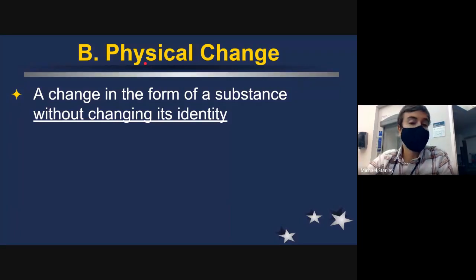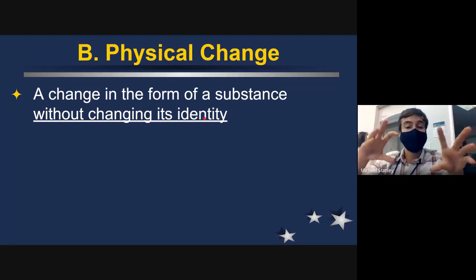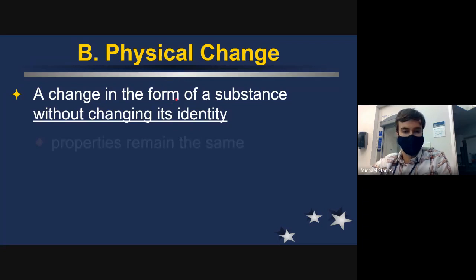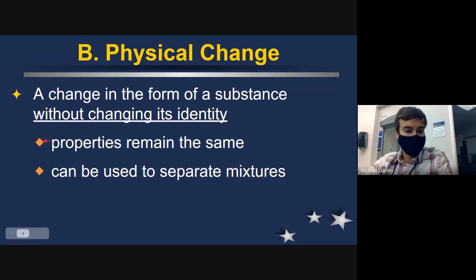So a physical change is when we change the form of a substance, meaning what it looks like, but we don't change its identity, meaning that we don't change it into something new or something different. We start and we end with the same substances. They maybe look a little bit different. So the properties of our substances, for the most part, remain the same, right?